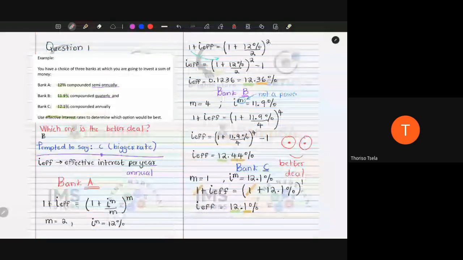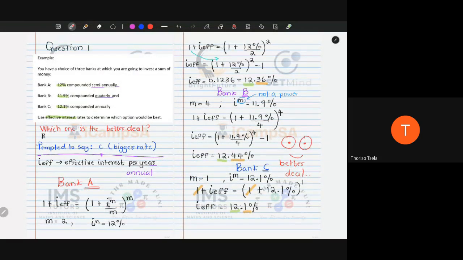So what's the difference between nominal interest rate and effective interest rate? So the difference is your nominal interest rate has different compounding periods. It can be compounded semi-annually, quarterly, and whatever. Your effective interest rate takes that nominal interest and makes it an annual interest.